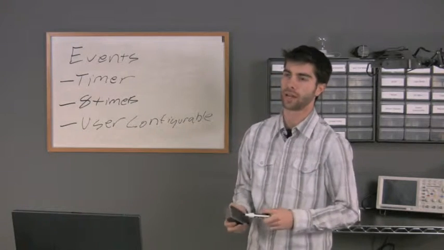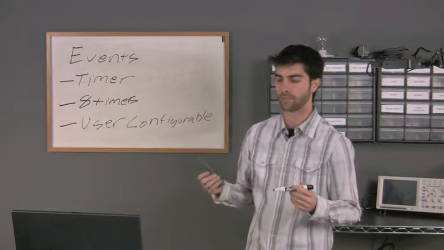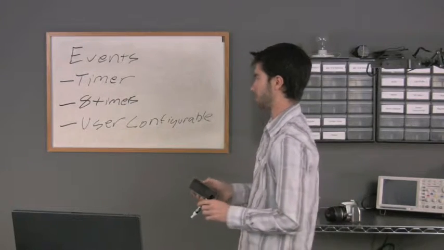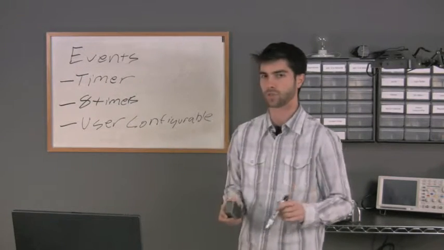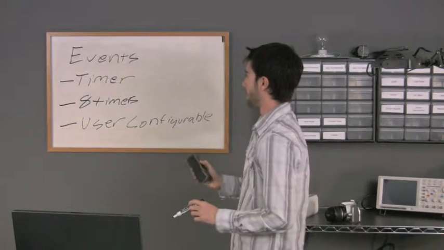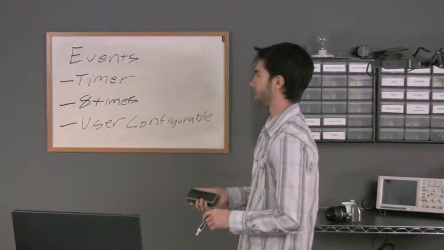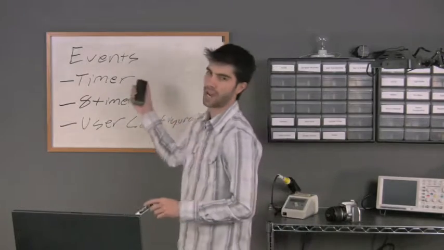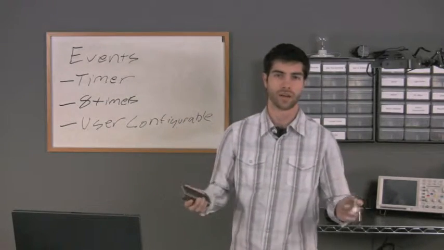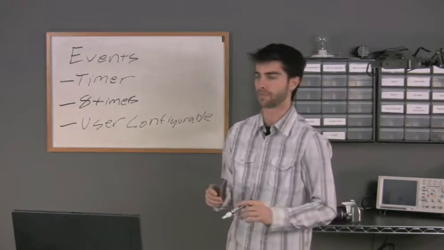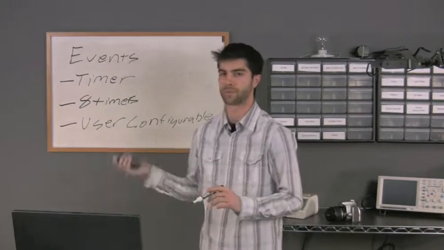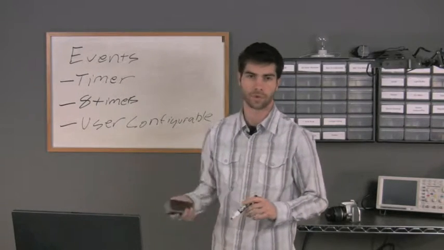And I'll show you that on the configuration video, and you'll get a real good idea of exactly how to do that. But as far as timers go, that's really all there is to them. I mean, they're not very complicated. At the end of a timer, you can tell it to trigger another event, like event piping. You can have it trigger another timer or a rotation or a timer rotation.